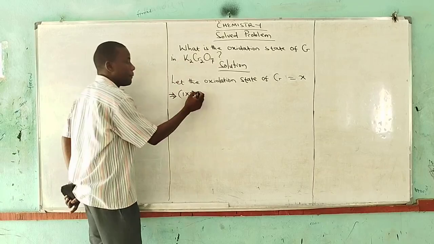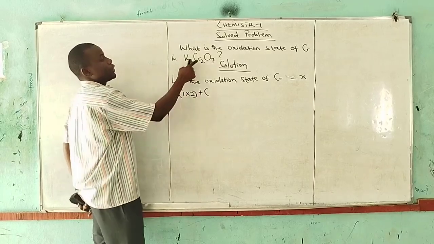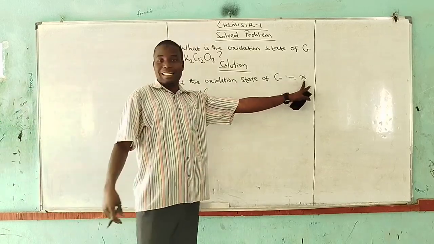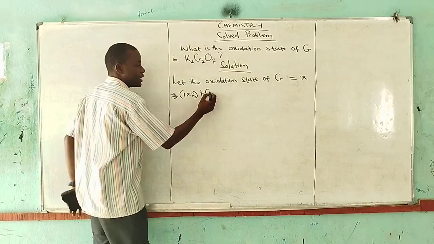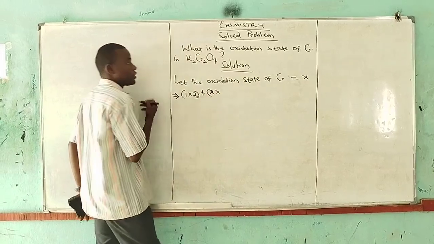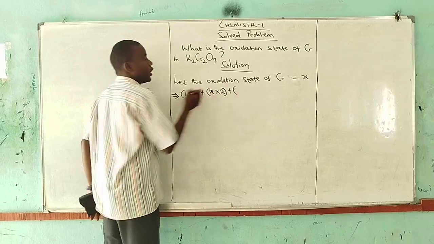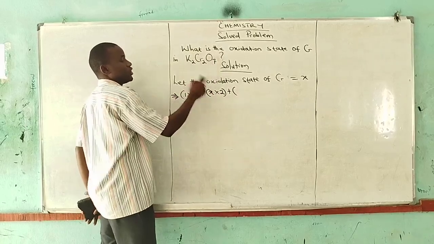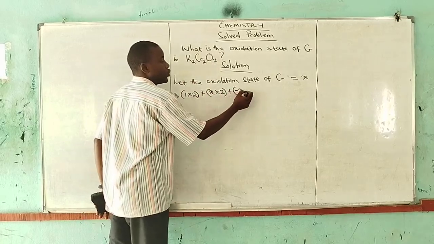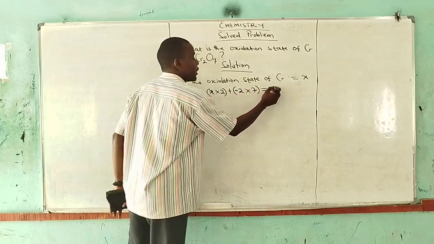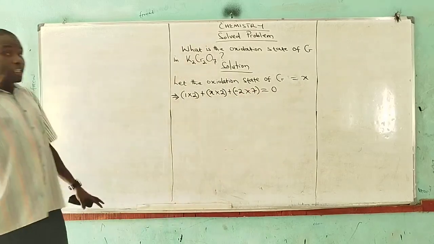Which is 2. Plus, what is the oxidation state of chromium? We don't know, we let it be X. So we take X times the subscript, which is 2, plus the oxidation number of oxygen in this case, which is -2, multiplied by the subscript. This is equal to 0. Haka rule ɗin yake.